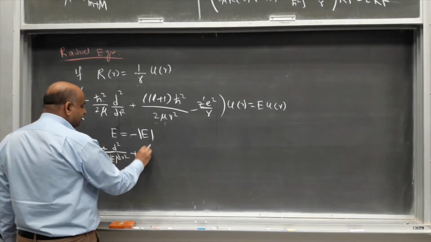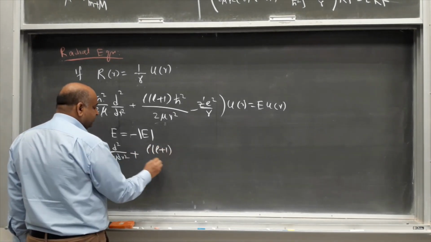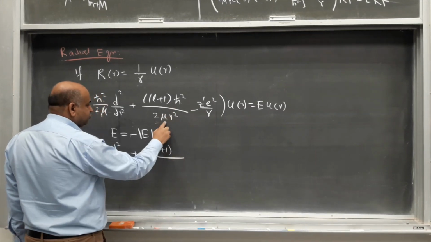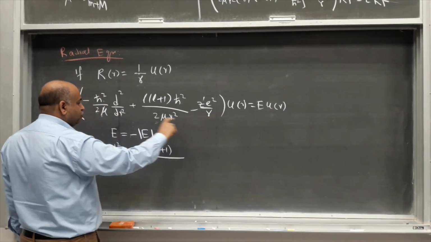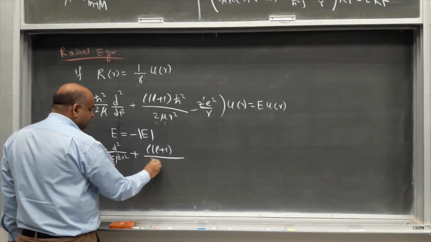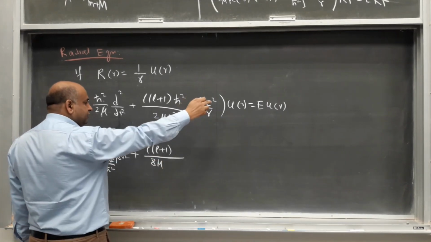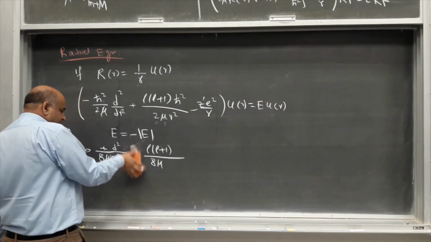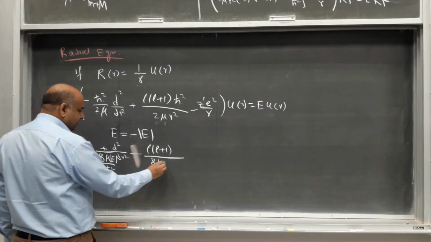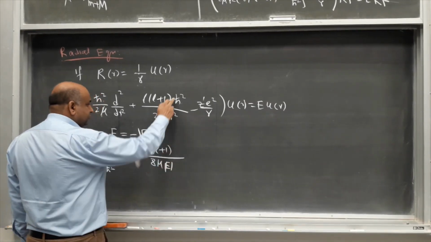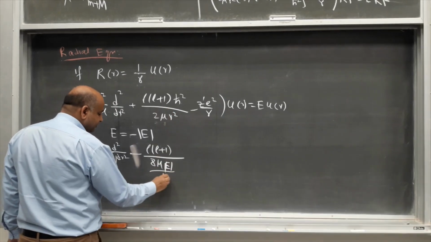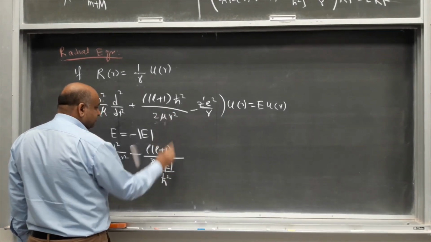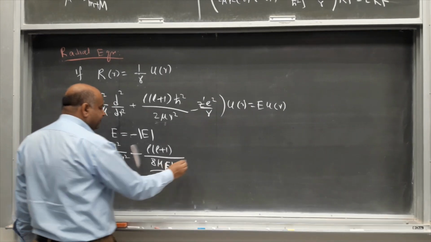Similarly here I get L into L plus 1. Let's take this h bar square here, and I'm dividing by 4 throughout, so this becomes 8 mu, and that E is coming here, which is minus E, so this becomes negative, and this h bar square, let's bring it here, and we have this r square.